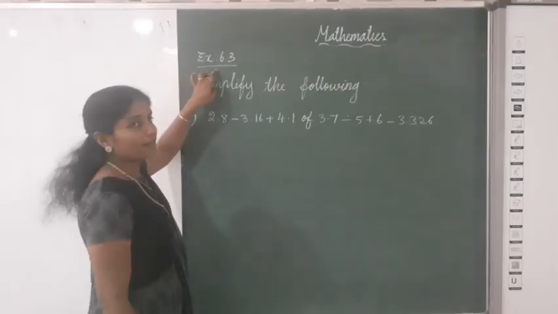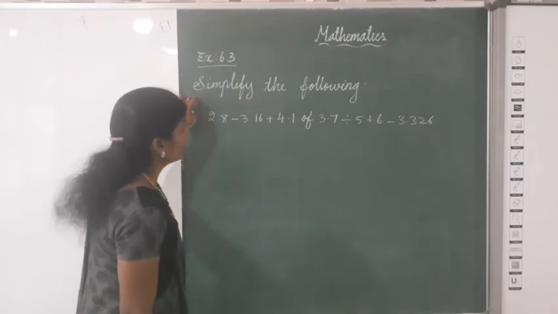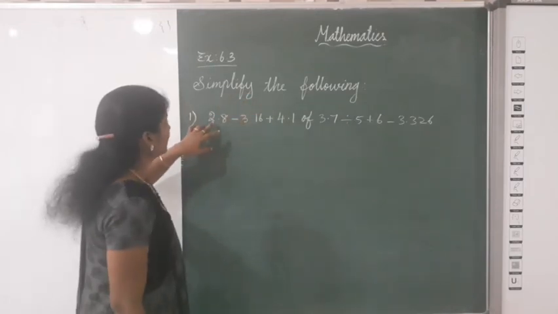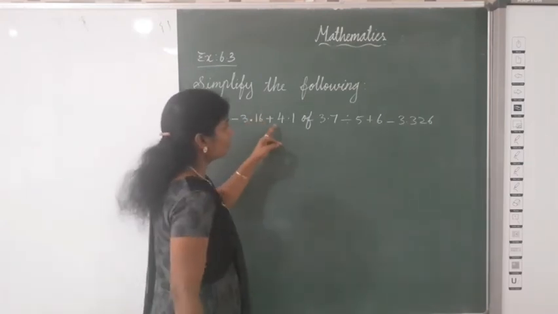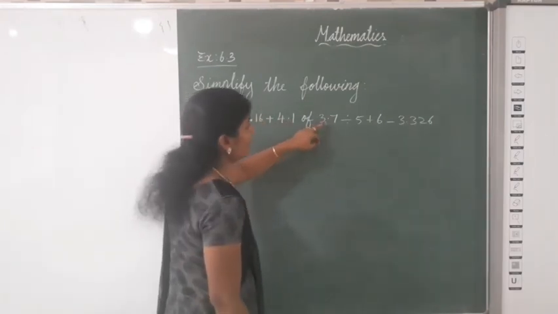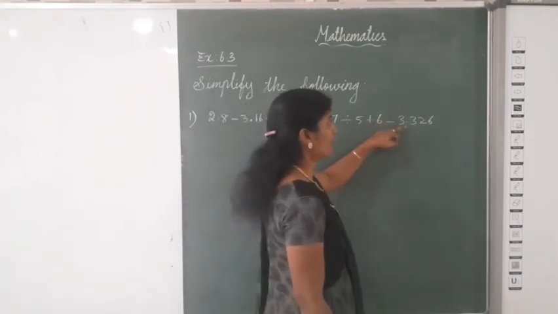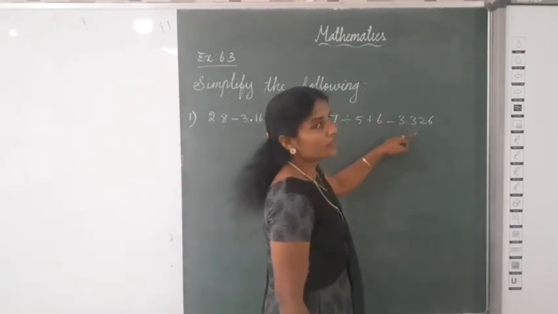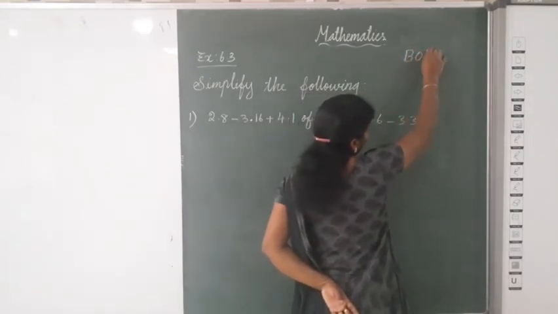Clear? Sixth one. Simplify the following. Okay? Simplify the following. Listen here. 2.8 minus 3.16 plus 4.1 of 3.7 divided by 5 plus 6 minus 3.326. We can use the BODMAS rule. Already we have learned the BODMAS rule.